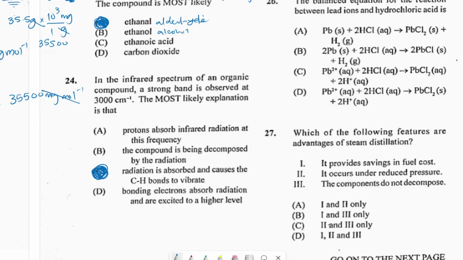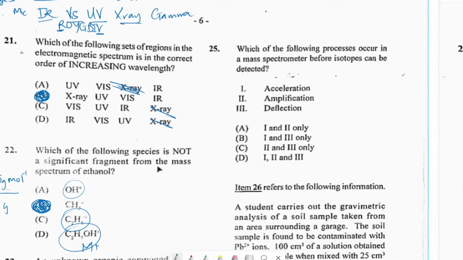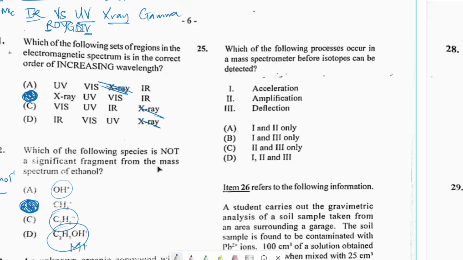So the 3,000 per centimeter is usually seen around the area of the CH bonds for alkenes and CH bonds for alkanes. So between that area. So that's the range.